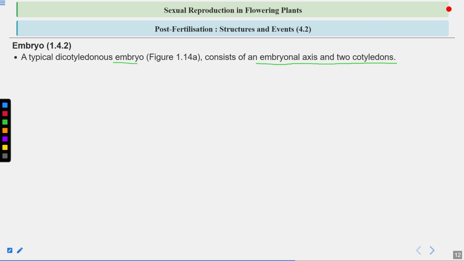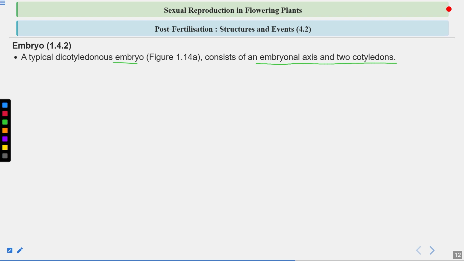The proembryo is the stage before the globular embryo. Before the globular embryo there is a stage in which you just see a number of cells, but you do not have any shape of that embryo.